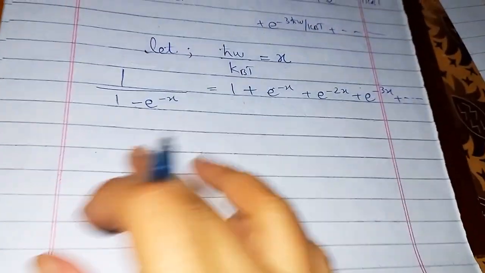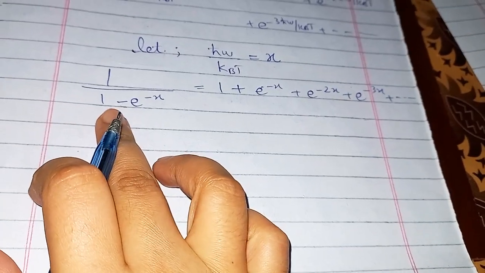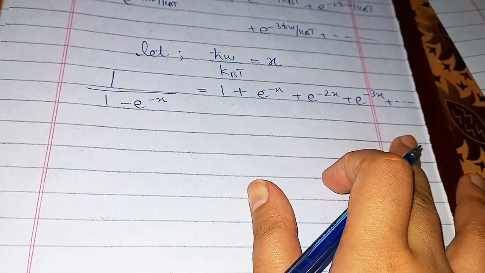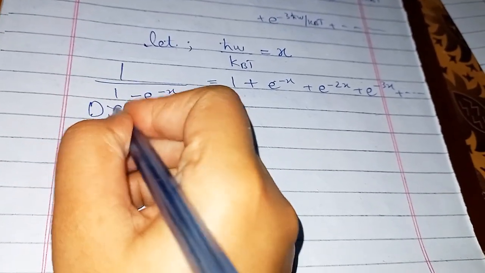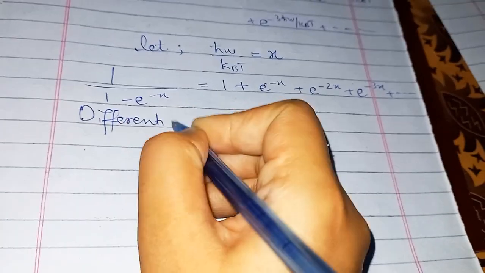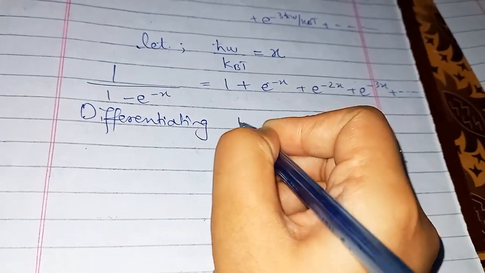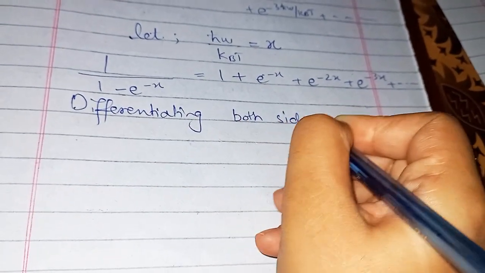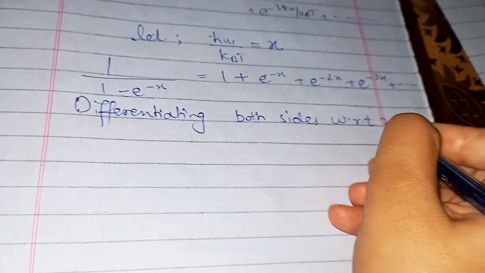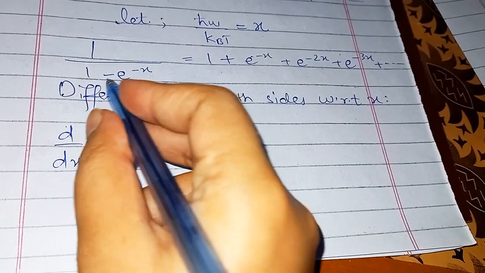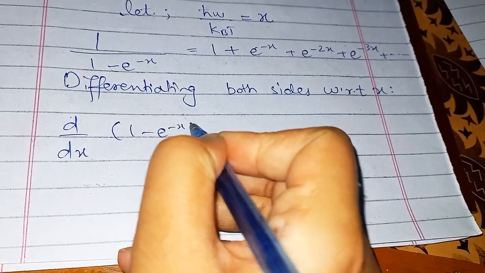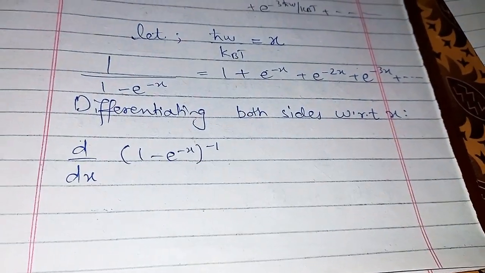Now we'll differentiate both of these sides with respect to x. So d by dx, we can write this term as 1 minus e to the power minus x, whole power minus 1.